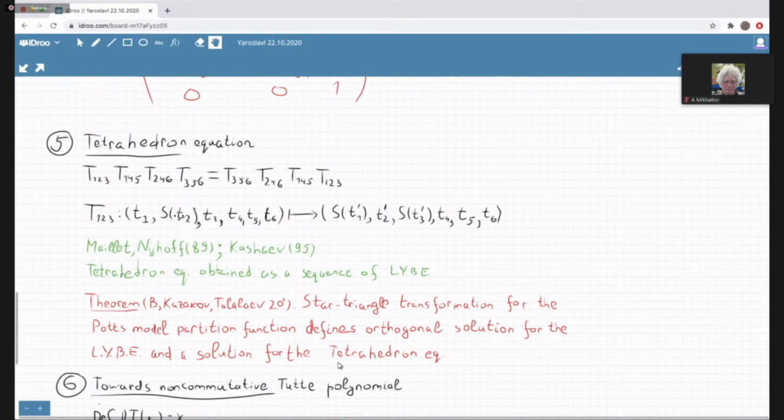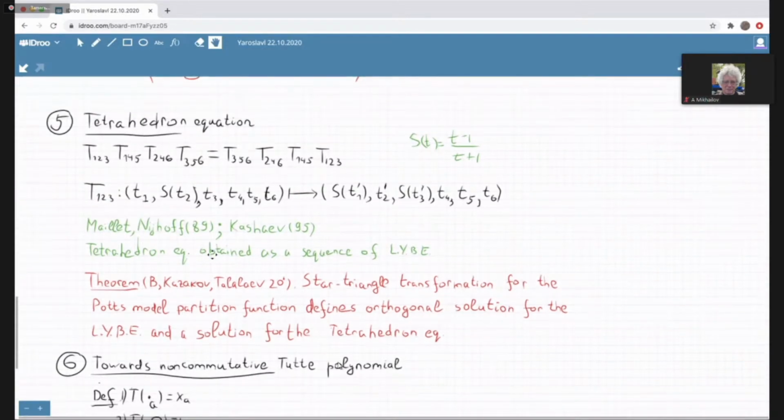Here S is again the same involution: S of t is equal to (t minus 1) over (t plus 1). So yes, the theorem is that the star-triangle transformation for the Potts model, this parameter changing, defines an orthogonal solution of the local Yang-Baxter equation and a solution of the tetrahedron equation.